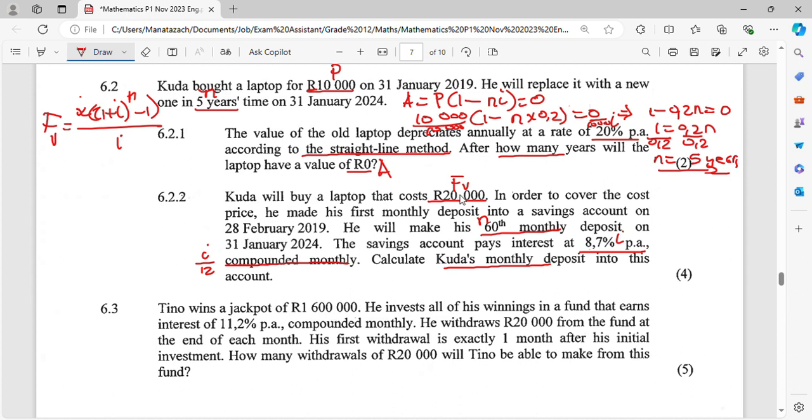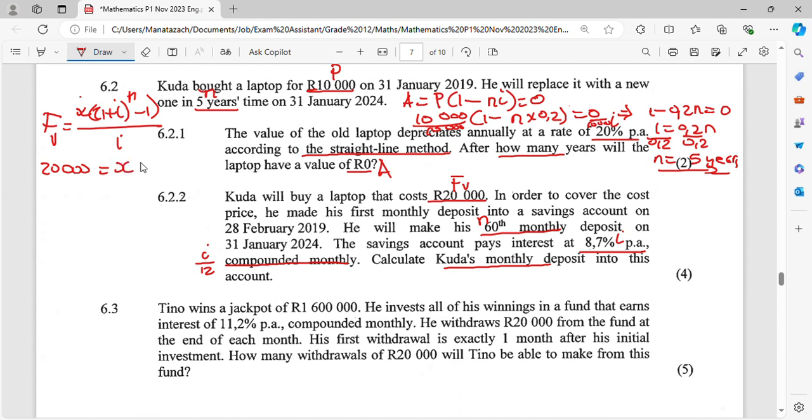Now we said F is 20,000, so we'll replace it by 20,000. And then X is our unknown. So those are the monthly deposits or regular payments into the account.